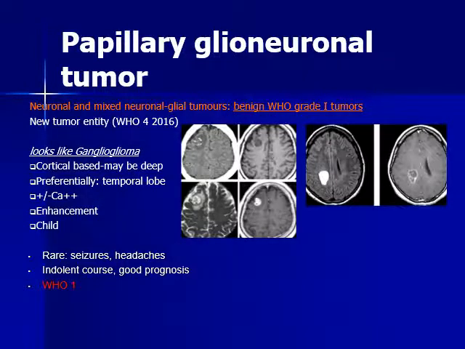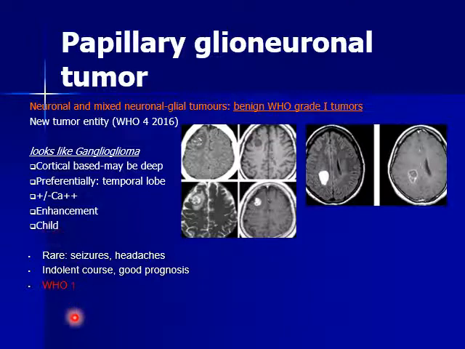A recently described tumor, also called papillary glioneural tumor. It is like ganglioglioma, it is cortically based, may be deeply located, usually likes the temporal lobe, with or without calcification, shows enhancement, affects children, presents with seizures and rarely headaches, with an indolent course and good prognosis.